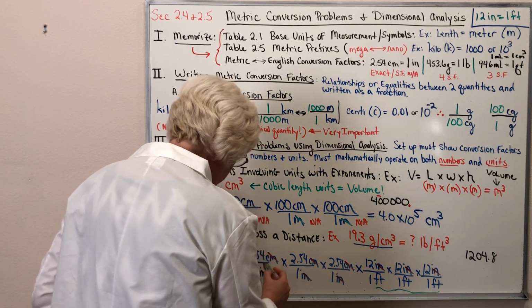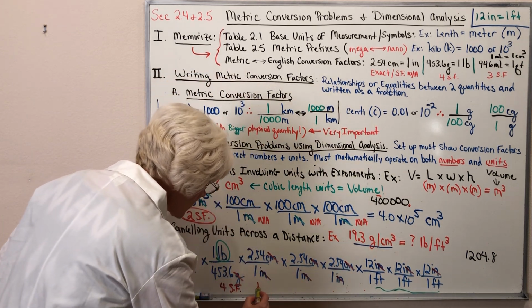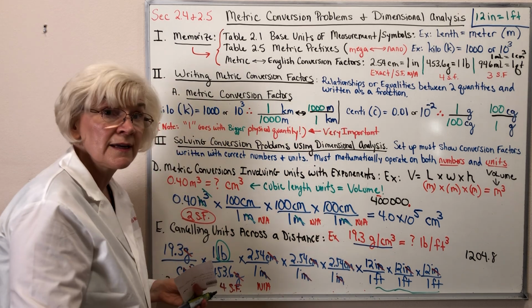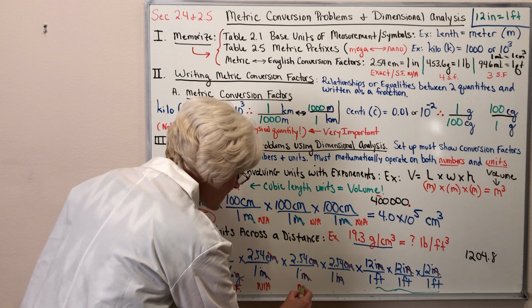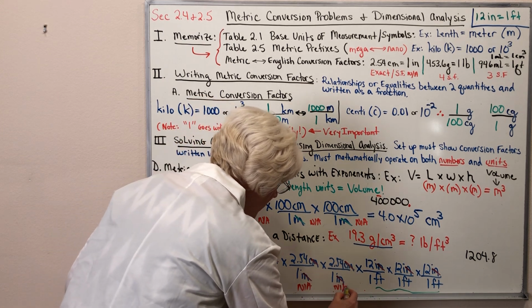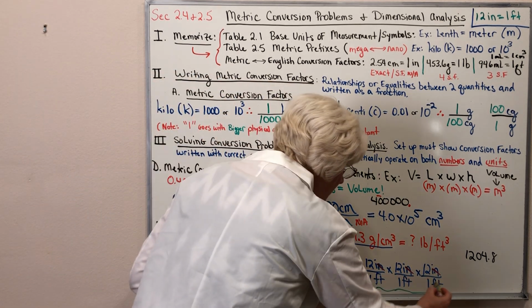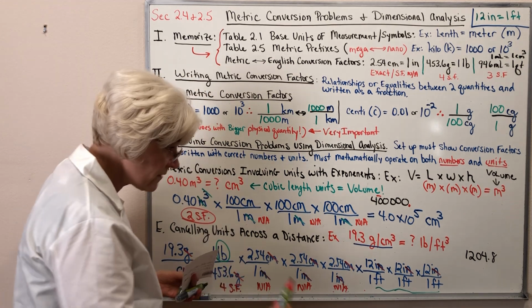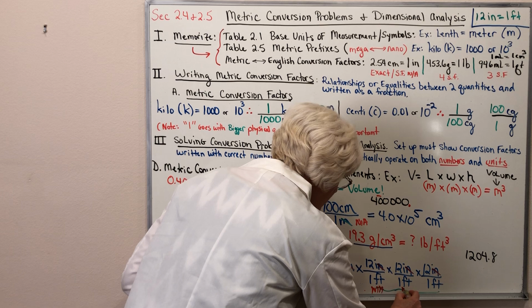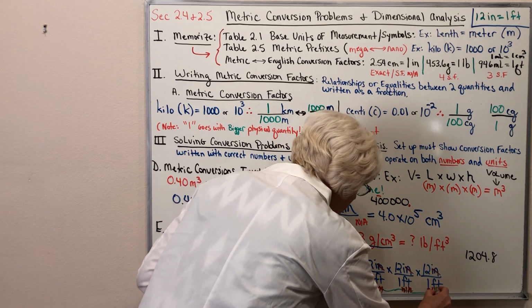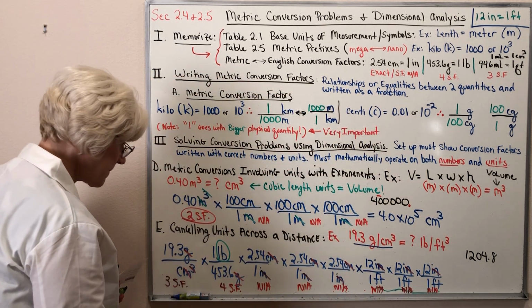This next conversion factor between centimeters and inches is unusual in that it is exact. Most English to metric conversion factors are not. Sig figs do not apply to them. And then conversion factors between English to English units are exact, just like with metric to metric units, sig figs don't apply.